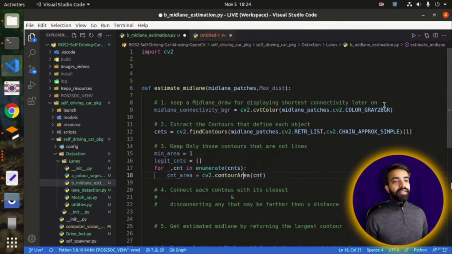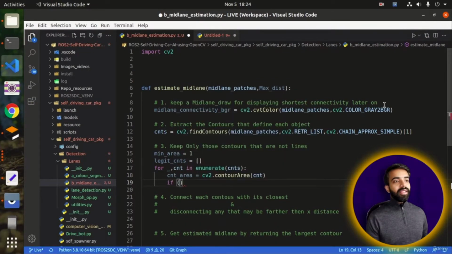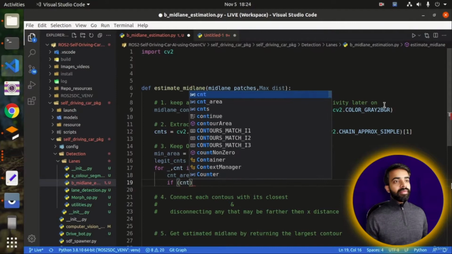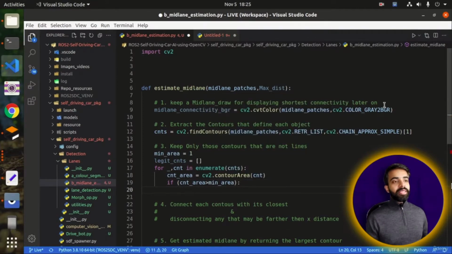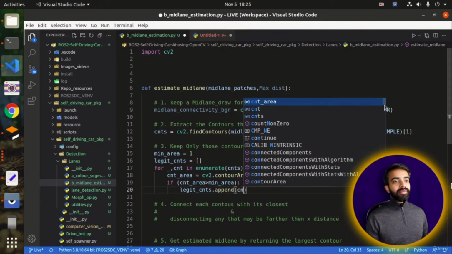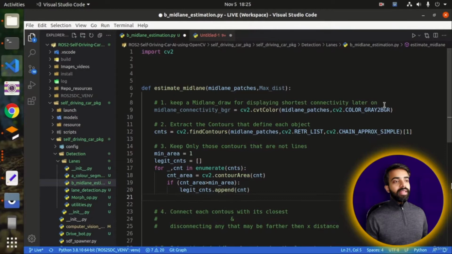And once we have the contour area, we can now compare it, like if contour area is greater than the minimum defined area, then that contour is part of the legit contours. So we simply append it to the legit contours. And once we are done with all the loop, all of the legit contours are inside the list of legit contours. Then we can simply replace the contours with these legit contours, thus discarding the non-relevant contours.